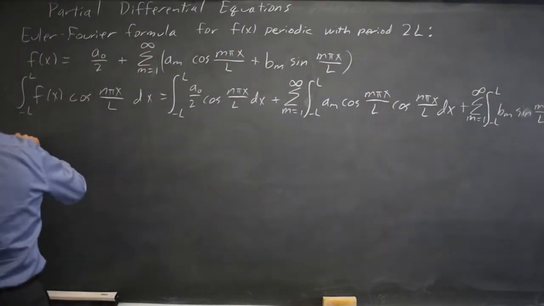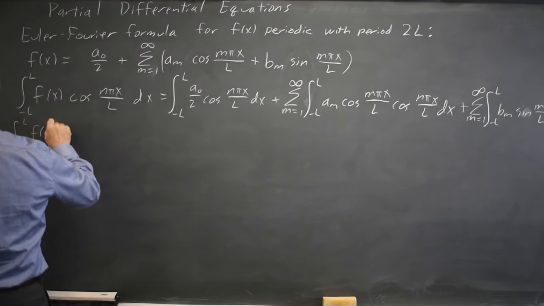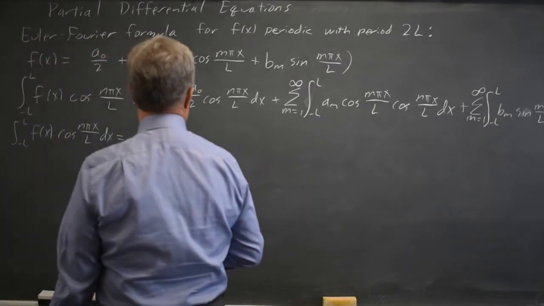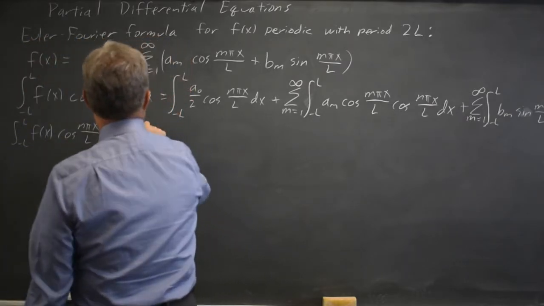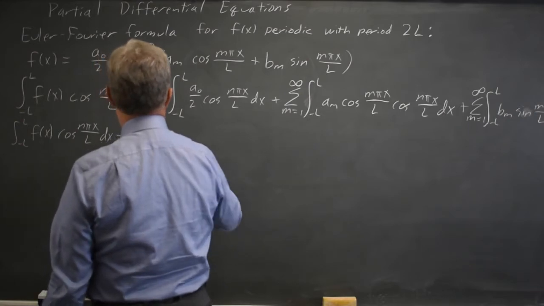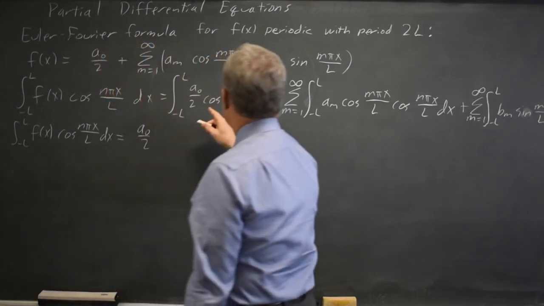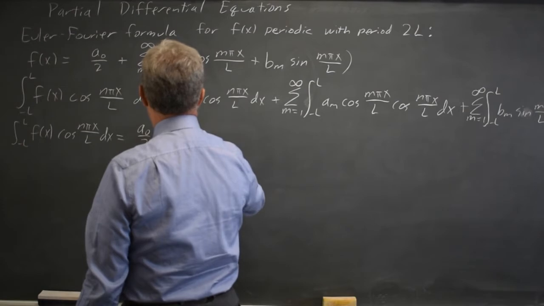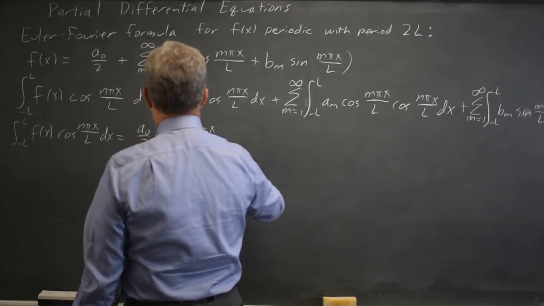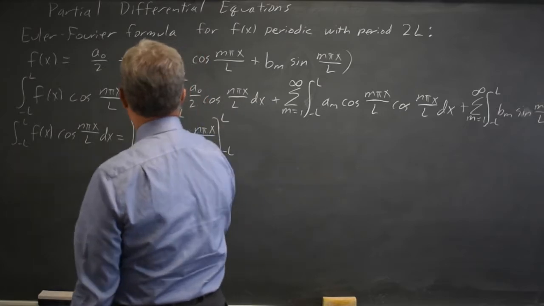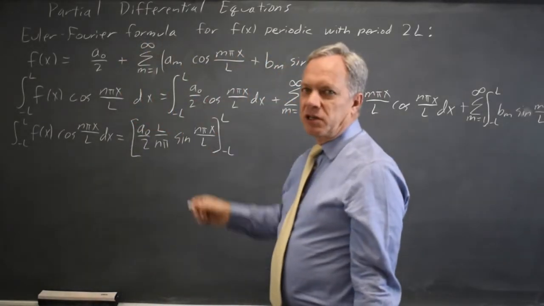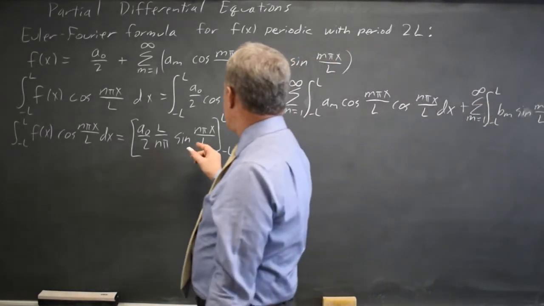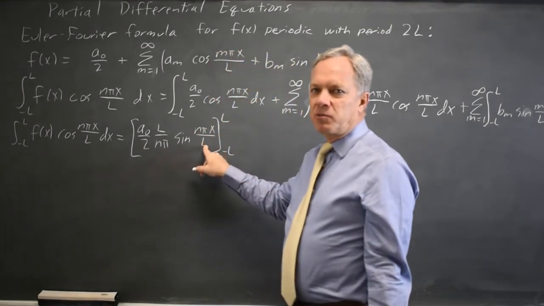So I have on the left the integral from negative L to L of f of x cosine n pi x over L dx equals A0 over 2 times the integral of cosine, which is positive sine, and for my u substitution or reverse chain rule will give me L over n pi sine of n pi x over L from negative L to L. This only works for n not equal to 0, but for n a non-zero integer, which I'm summing over integers from 1 to infinity, sine of n pi L over L will be sine of n pi, which is 0.